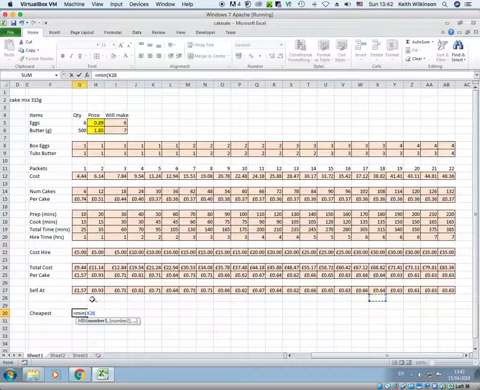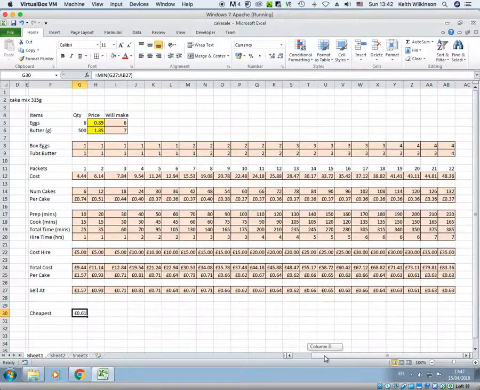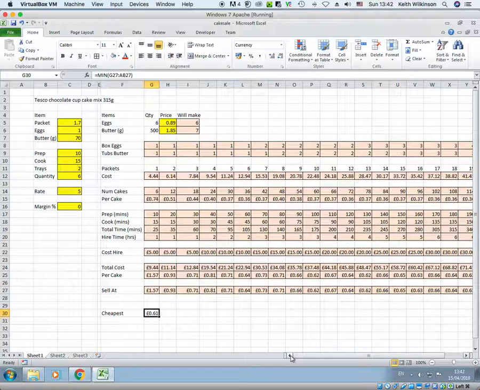Whoops. The cheapest is the smallest of those numbers. So the cheapest is 61p. So if they want to pay 50p, and we don't accept any profit whatsoever, we still can't manage it.